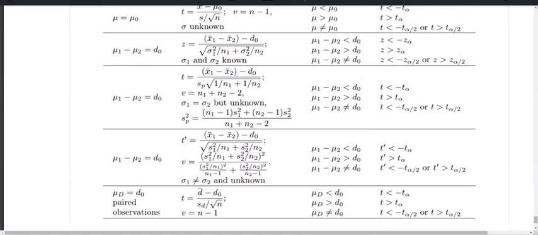For one population, somebody asked, is T different from T? They are the same, if you are referring to this and this. The only difference is the degree of freedom that you're going to be checking from.